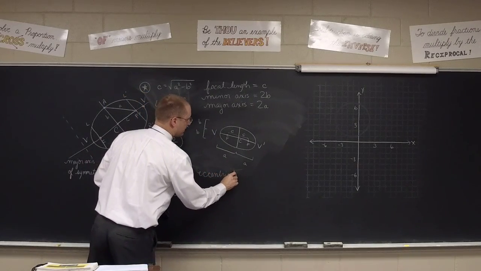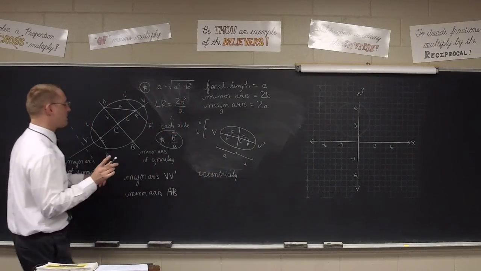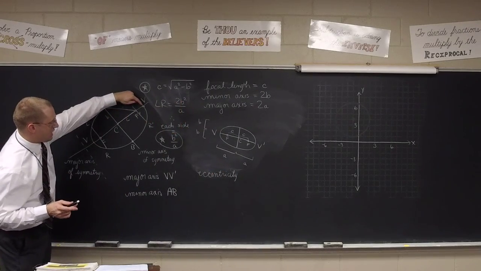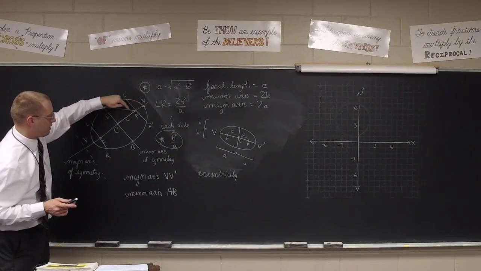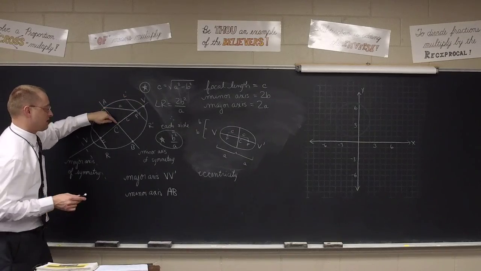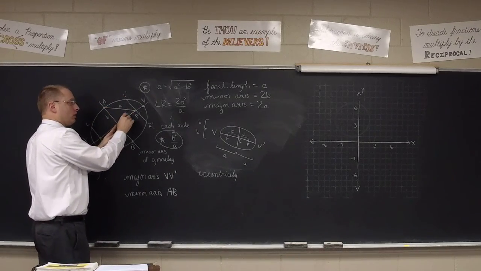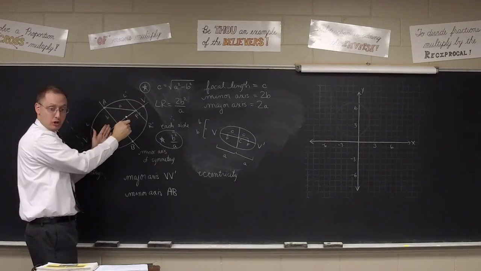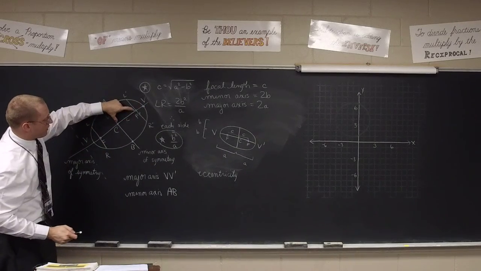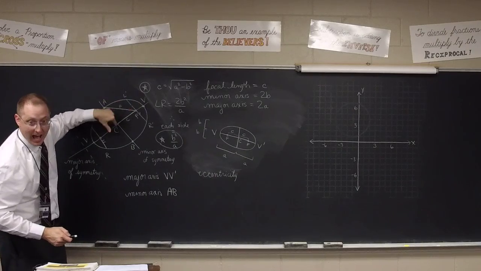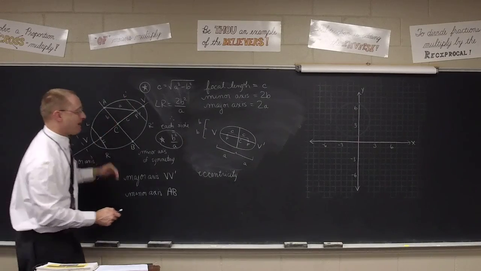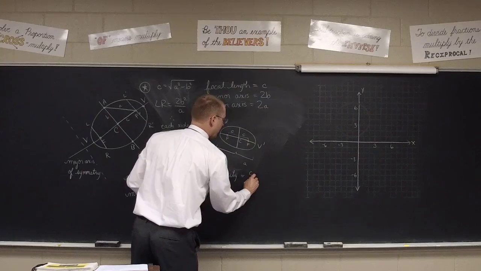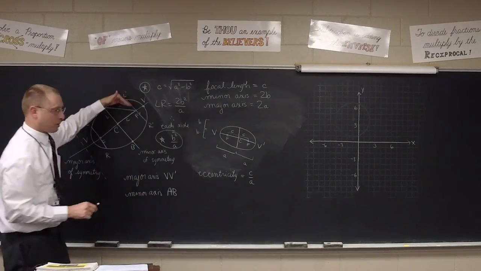For the ellipse, the eccentricity is calculated by comparing the focal length to half the length of the major axis. Since the focal length always falls inside the half major axis, the ratio c over a is always a proper fraction.